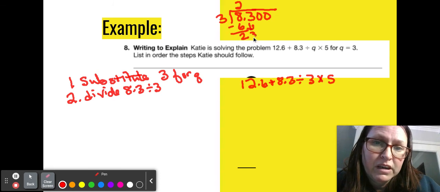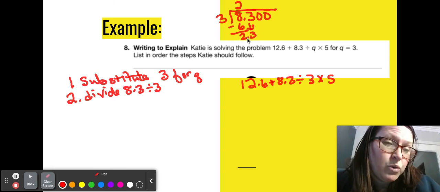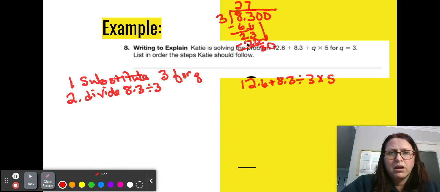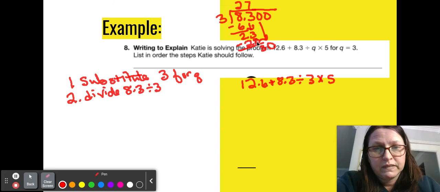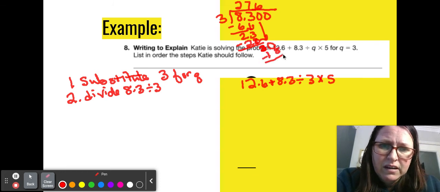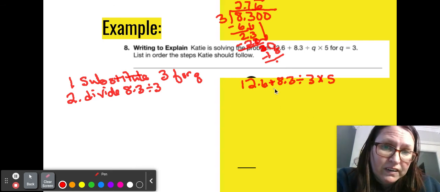Bring down my 3. 3 goes into 23 7 times. 7 times 3 is 21, sorry. And I have a 2 right here. 3 goes into 26 times. 6 times 3 is 18. And it goes on forever. So my answer would be 2.76.